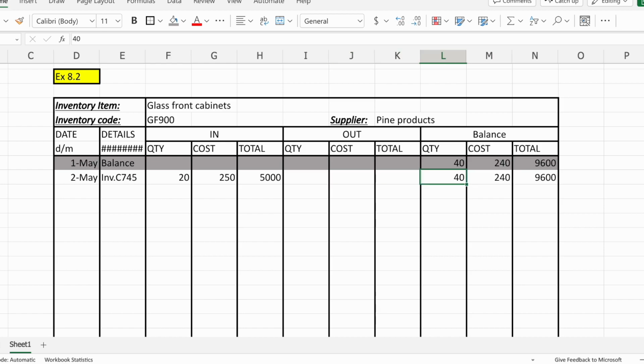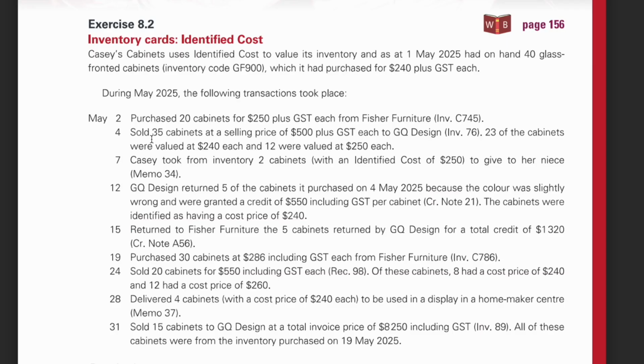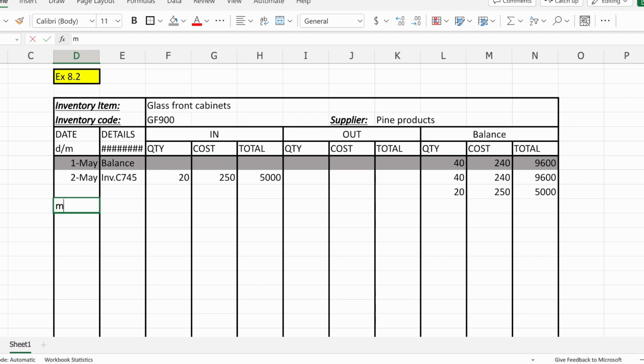And since there's a new piece of inventory added, you record the balance of the new inventory, which is 20 of the $250 cabinets, and in total its value is 5,000. So that's for the 2nd of May. Now we will go to the 4th of May. I'm pretty sure that was the next one. So, the 4th of May.